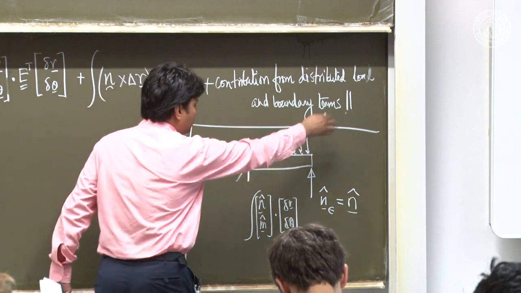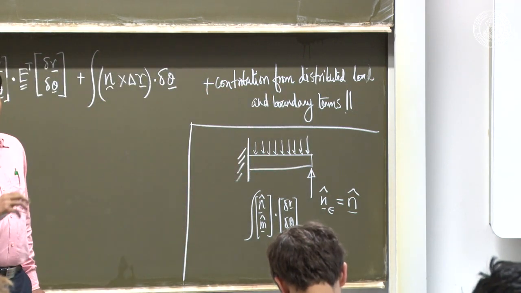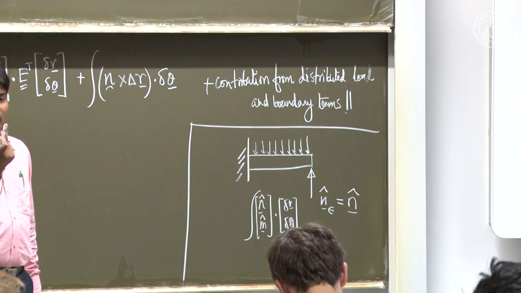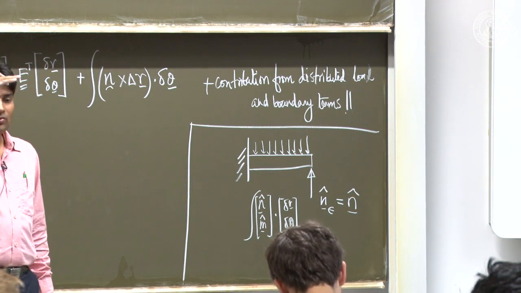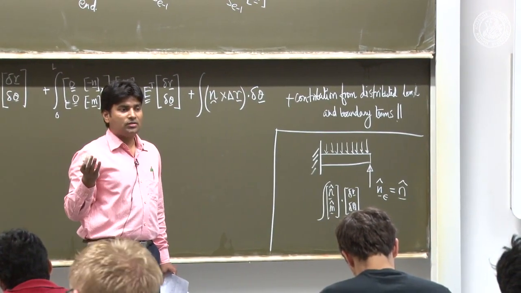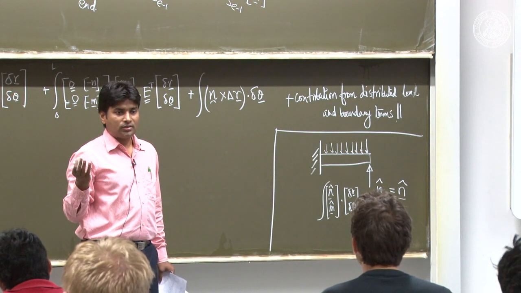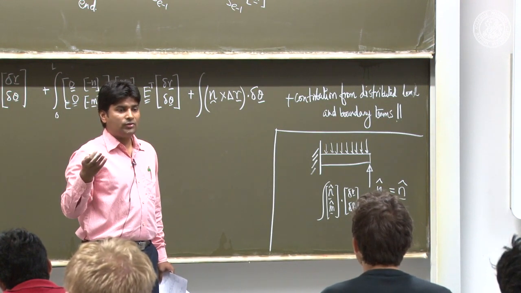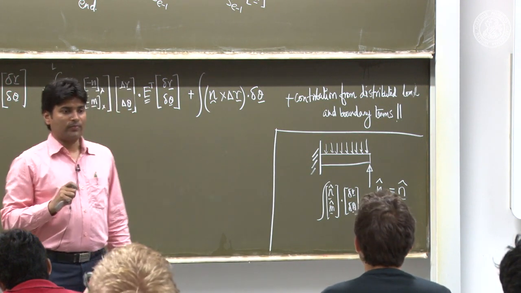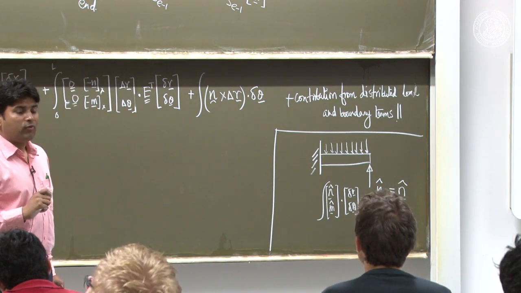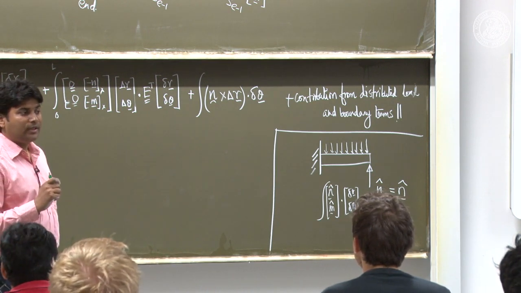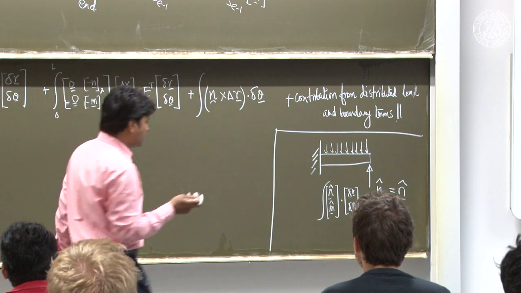Similarly, when you talk about the boundary term, in case of cantilever, the force that is acting is Pe1. As you change the configuration, as you perturb the configuration by epsilon, does Pe1 change? Pe1 does not change. So, d by d epsilon of Pe1 is also 0. So, that does not contribute to this linearized form. But what if you have the follower load? If the force acting is P d1, P times d1.